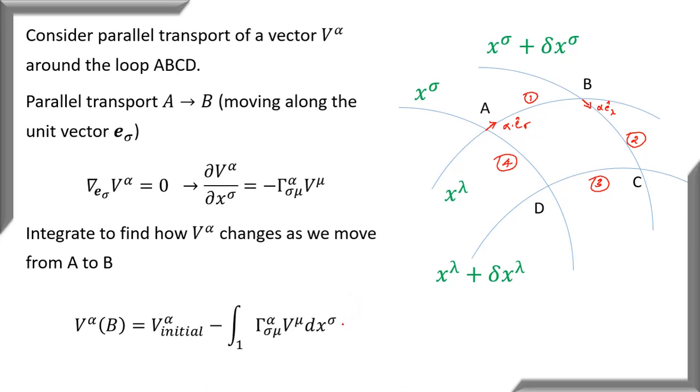When I give the initial condition that V alpha at sigma equal to 0 was V initial, therefore I can get V alpha at B. Now, this V alpha at B is equal to the initial V alpha, that is V alpha at A, minus this integral.